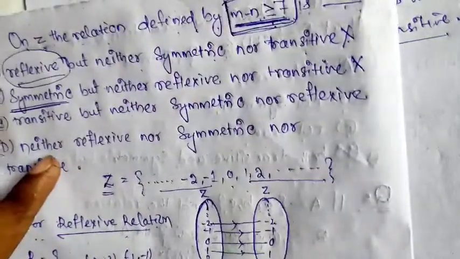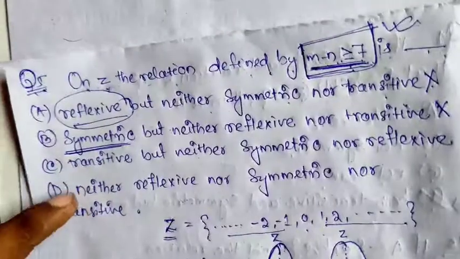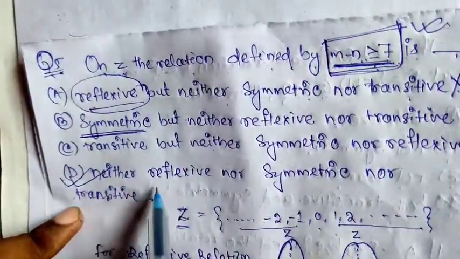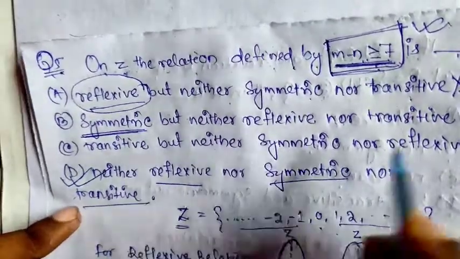So option D is correct, which says it is neither reflexive nor symmetric and non-transitive. Okay.